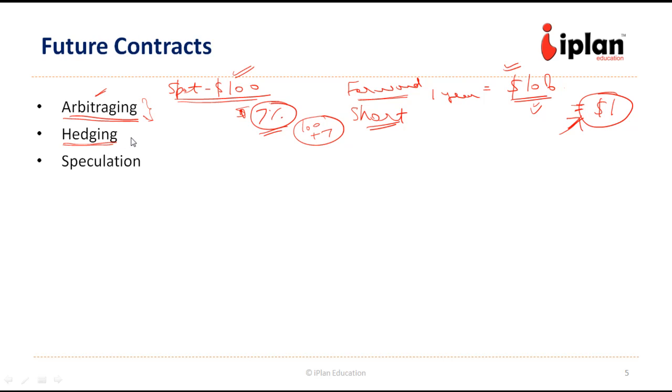The second activity where futures contracts are very useful is hedging. So if there is a buyer who wants to hedge against a price rise, because the buyer wants to buy at a lower price, but he does not want to buy the asset now, he wants to buy at some future date, so he wants to hedge against the price rise.